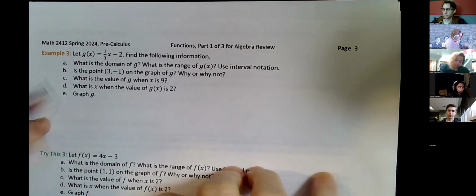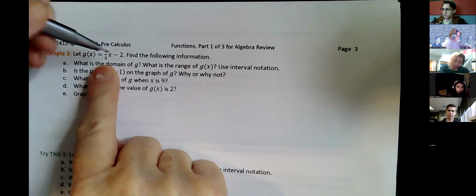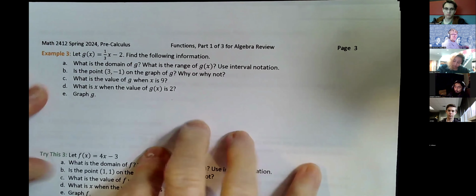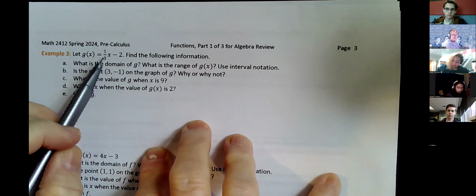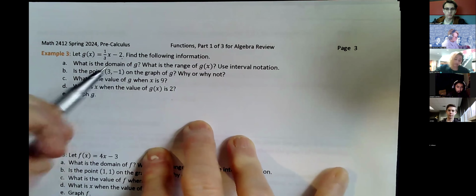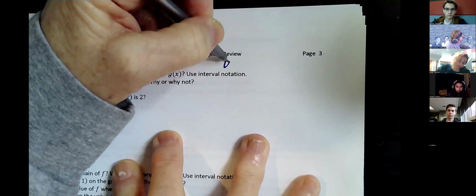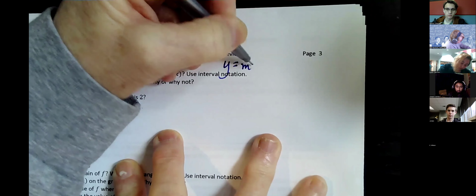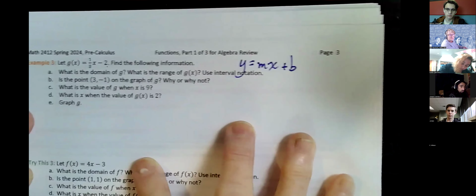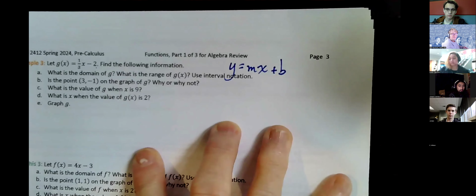Okay. So yes, this is a linear function or a linear equation because we've got a number times x plus or minus another number. So it's in the form of y is equal to slope times x plus b, where b is the y-intercept.